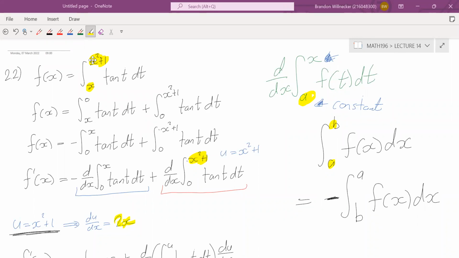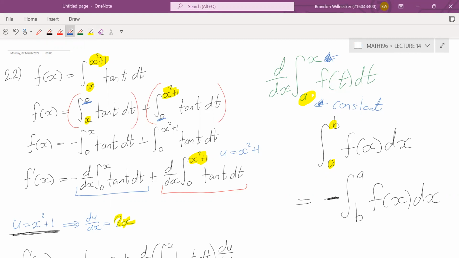So what we need to do is split up the integral into 2 parts. So the lower bound is with the first integral, and then we add the second integral, but with the upper bound. So you see we've got this constant here and the constant here. So now we can use FTC part 1.